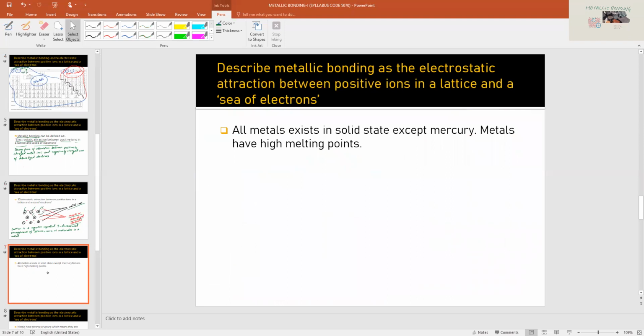In this video, I will talk about why metals exist in solid state and are hard with high melting points. All metals exist in solid state except mercury, which means metals have high melting points. It is high due to strong metallic bonding throughout the lattice.